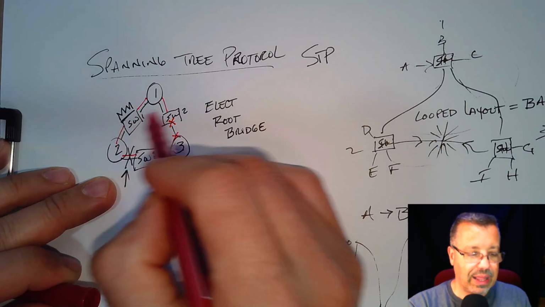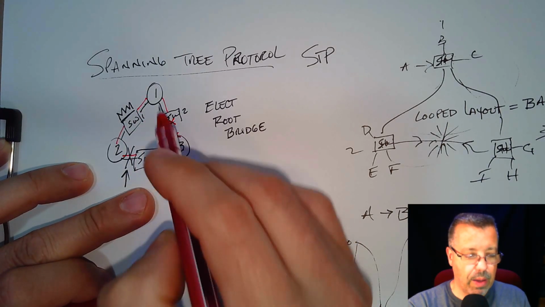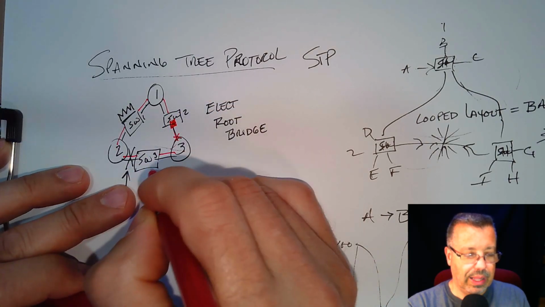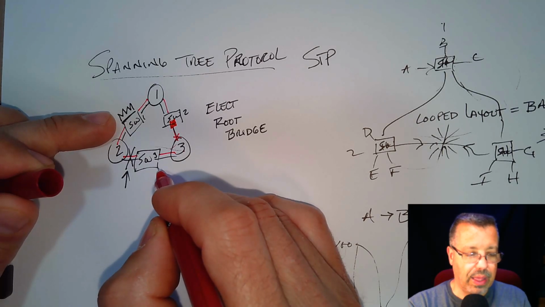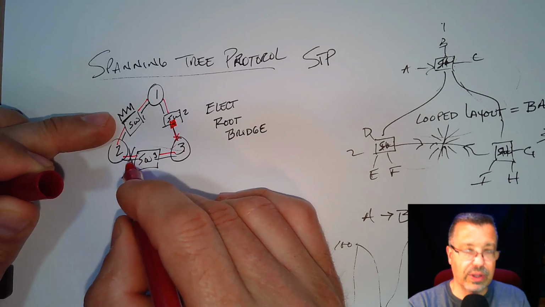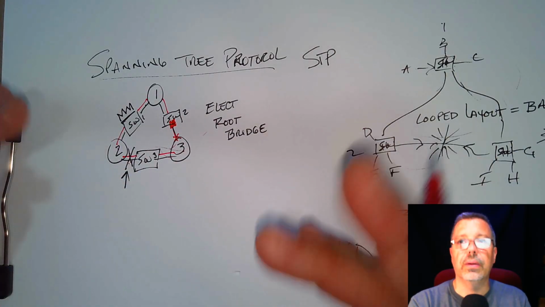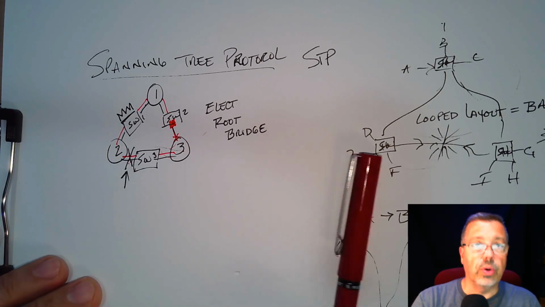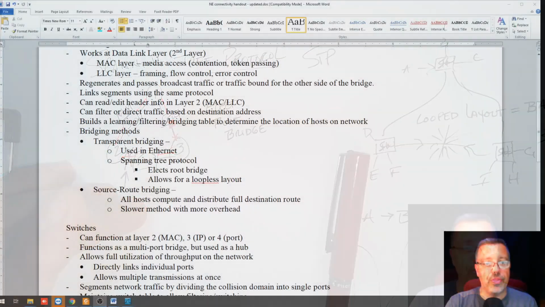If these guys haven't heard from this switch by its timeout period, this guy will re-enable this, and then it will self-heal the network. If this ever gets plugged back in, then it would reorient and somebody would kill a connection to prevent the loop. At least that's how it's supposed to work. So it is pretty cool, and it's dynamic, and it recovers from bad things.